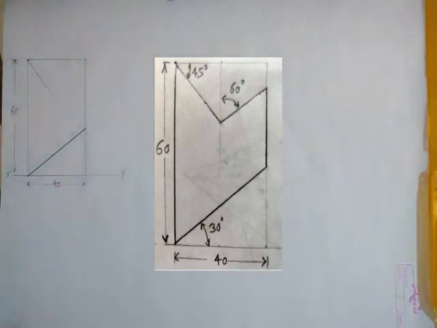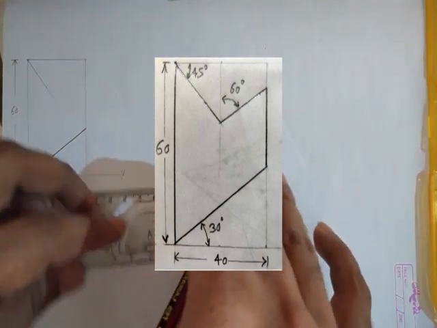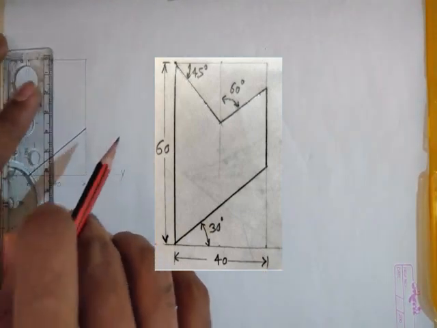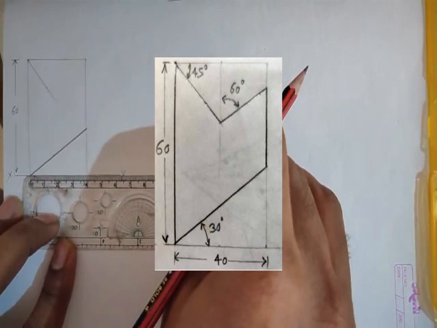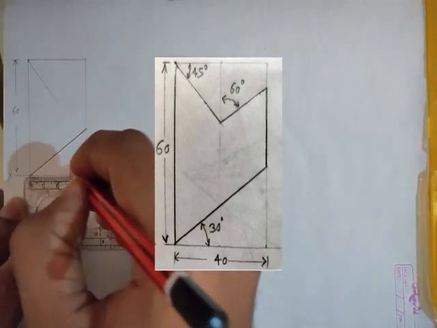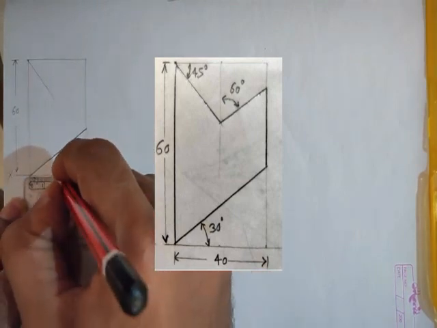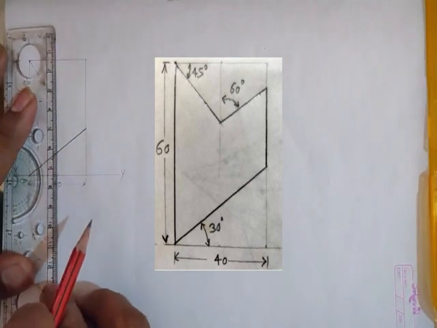Okay, now this second cutting plane is supposed to intersect the axis of this cylinder. So I'll mark the axis, which is at 20 mm, half of the base. So at 20 mm I will draw the axis line.